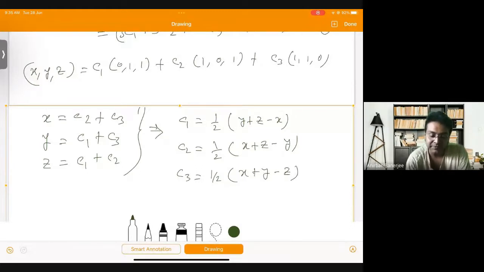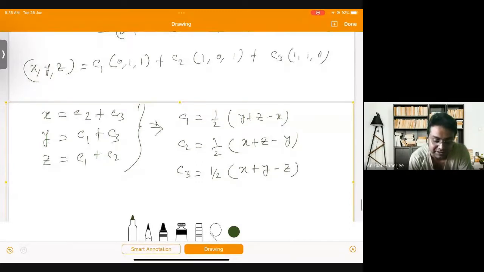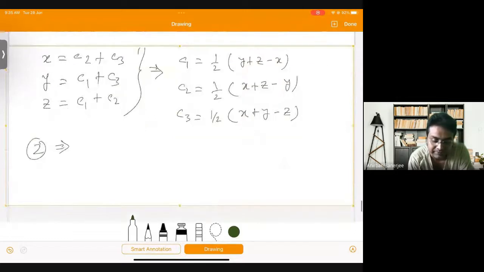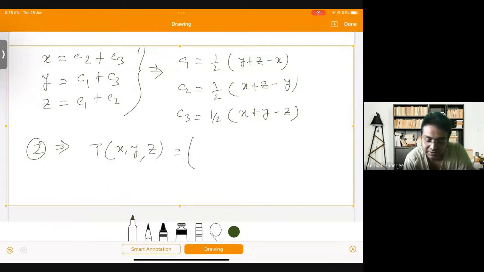Now you apply these values in equation 2, and after simplification equation 2 will become (2x plus 2y plus z, half of (minus x plus y plus 3z)).